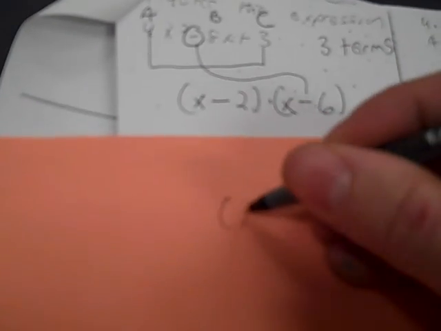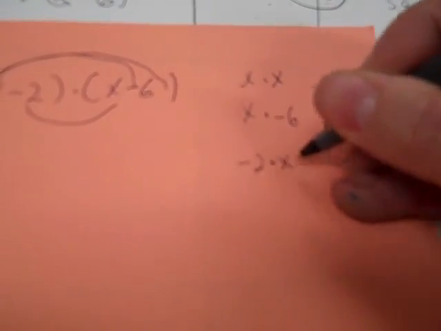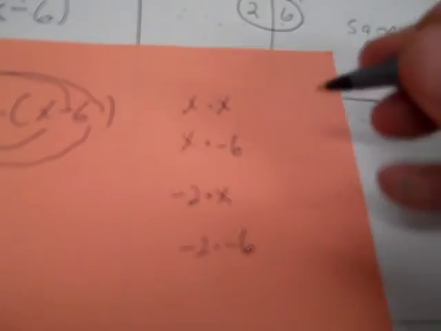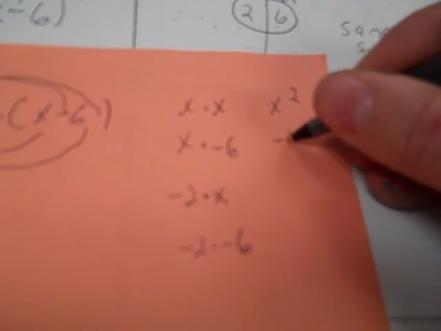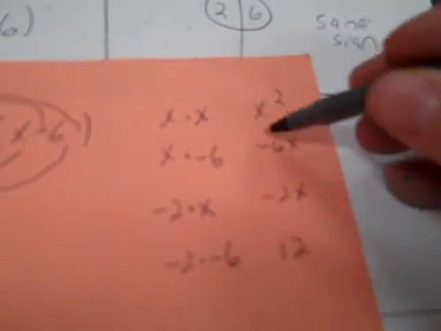If I take x minus 2 times x minus 6, that's x squared, negative 6x, negative 2x, and 12. Okay, so I add those two.